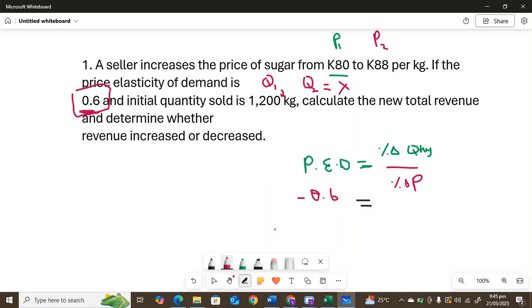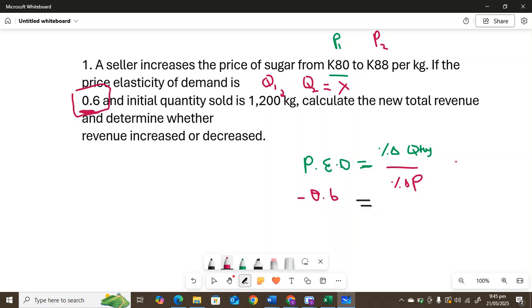Due to the law of demand, colleagues, since there's an inverse relationship between price and quantity demanded, when one factor is going up, the other will go down all the time, ceteris paribus.